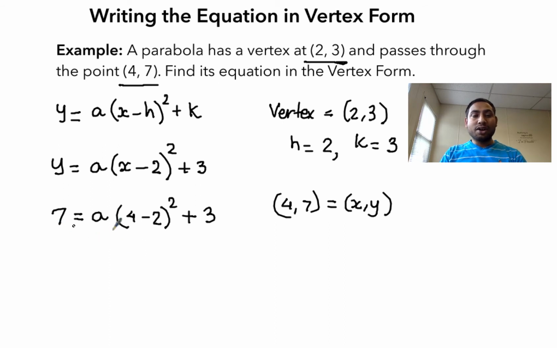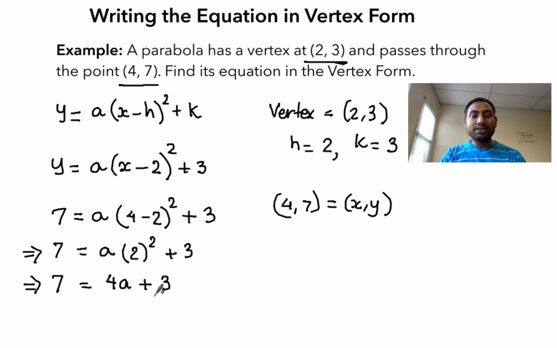You see, we got numbers everywhere except for this a, so we'll solve for a in this equation, and then that's gonna let us figure out the equation of the parabola in vertex form. Let's simplify this part real quick. Left side is 7, equals a times 4 minus 2 is 2 squared plus 3. Again, 7 equals, now 2 squared is 4, so this is going to be 4a plus 3.